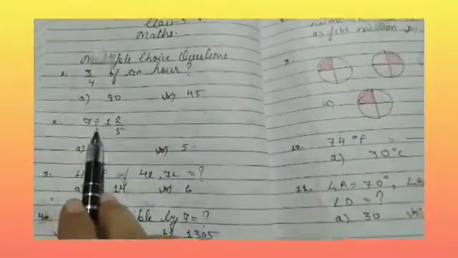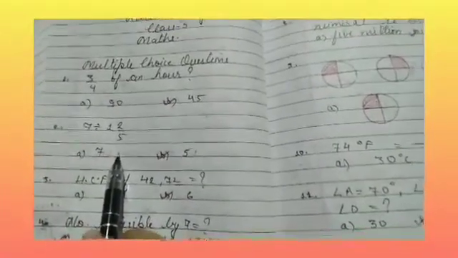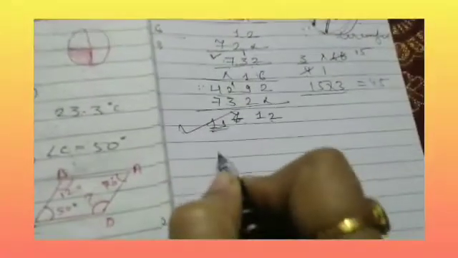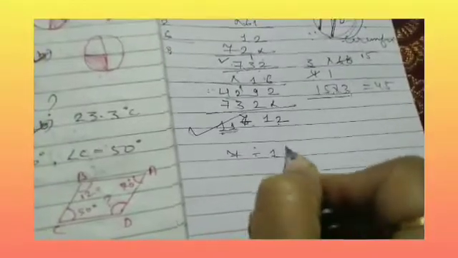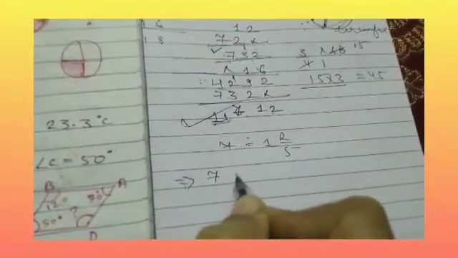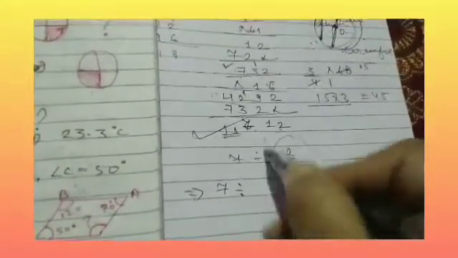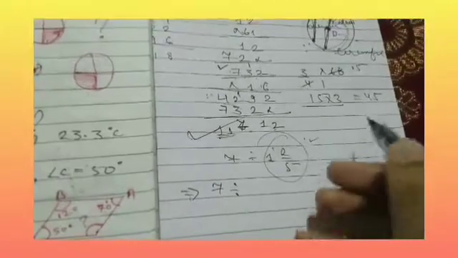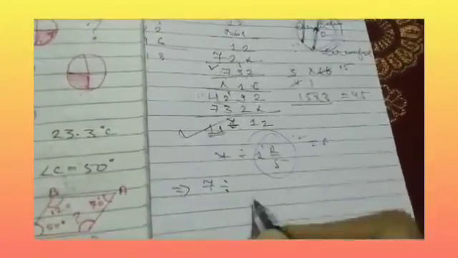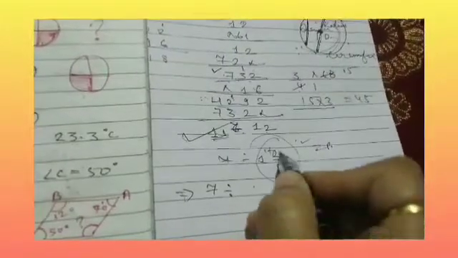Now 7 divided by 1, 2 by 5. So what is the answer? First we will convert this mixed fraction into an improper fraction. So the improper fraction will be 5 ones are 5 and plus 2 is 7.